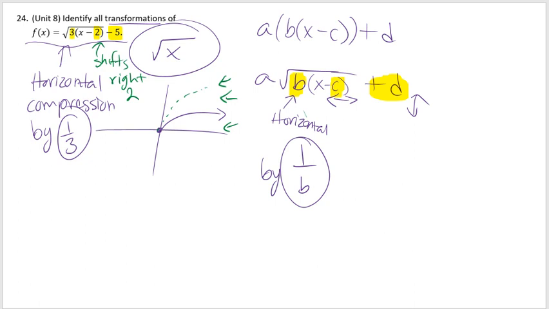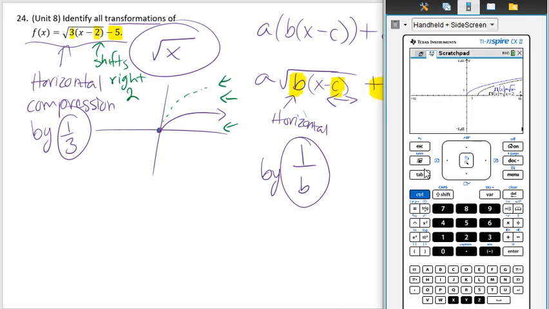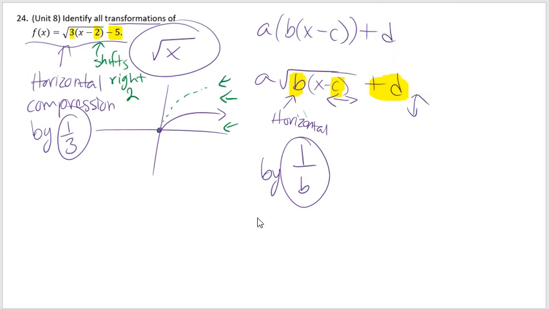And then we're going to look at what that -5 does, and here it is. Notice that immediately it dropped it down. So that -5 is going to shift down 5 units.